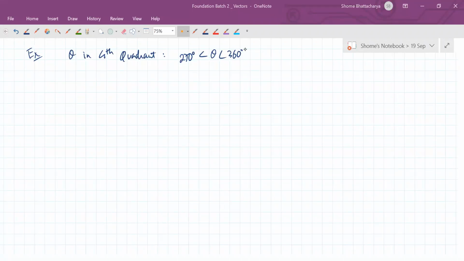So the fourth quadrant situation will look like this.